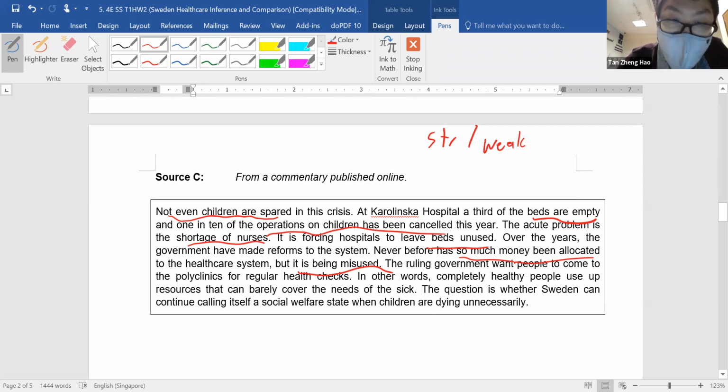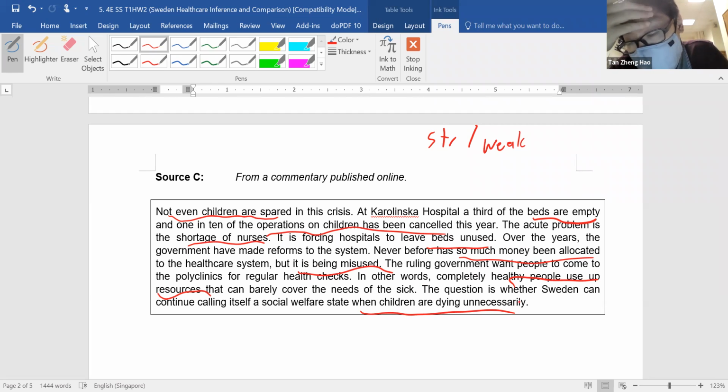The government wants people to come to polyclinics for health check. In other words, completely healthy people use up the resources. What does that mean? And they ask, are children dying unnecessarily? So from these various points, some of them will be used as your evidence. Is it showing that Sweden's capacity is strong or weak?